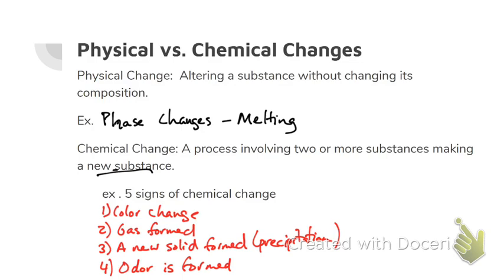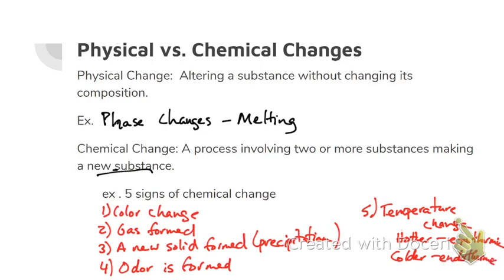And lastly, sometimes there's a temperature change. It could either get hotter or colder. If it gets hotter, that's called exothermic, and if it gets colder, that's called endothermic.